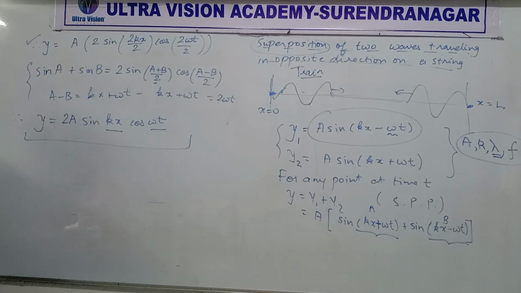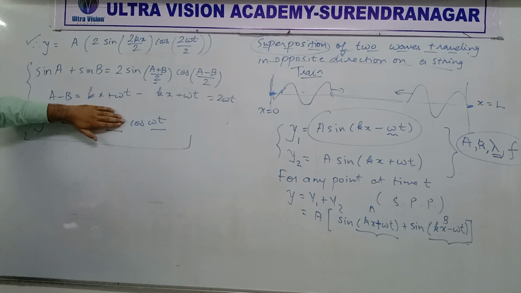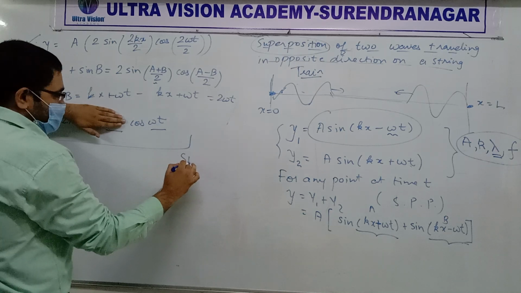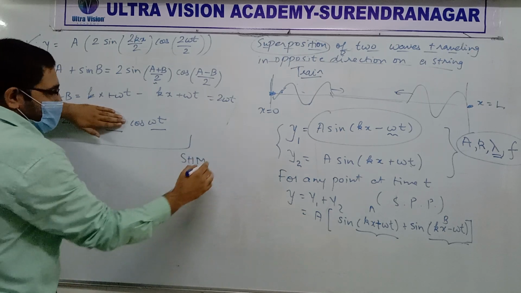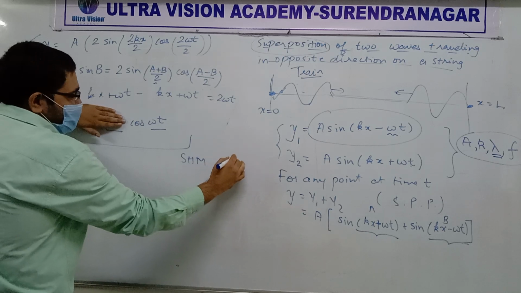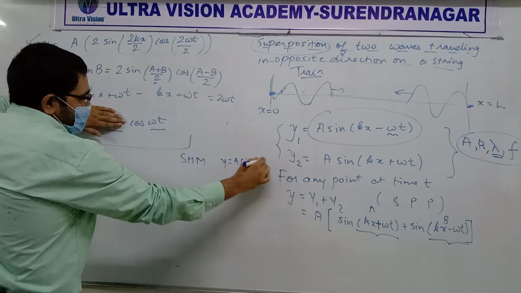On the other hand, what we are seeing is, if you just ignore this part for a moment, we are getting cos omega t. Do you remember in SHM? In SHM, we used to get things like y equal to a sin omega t or that type.